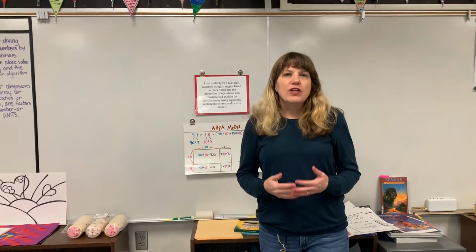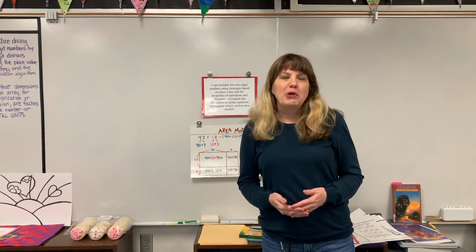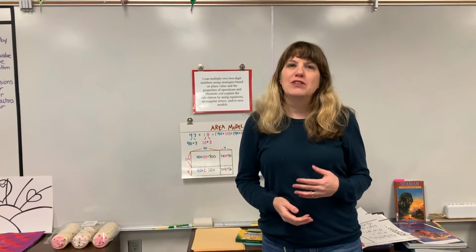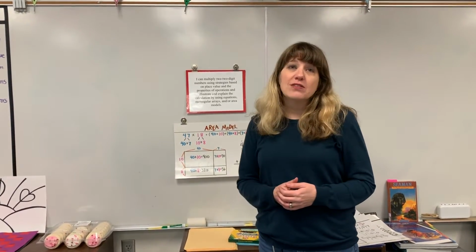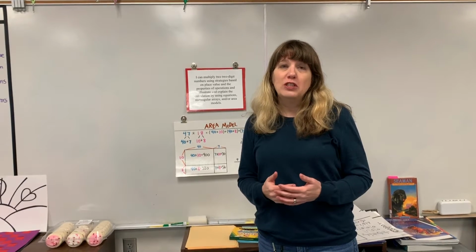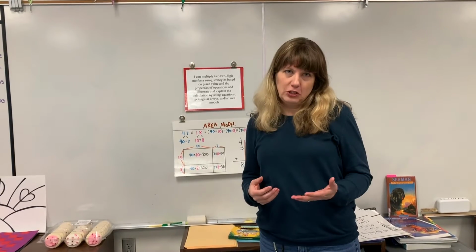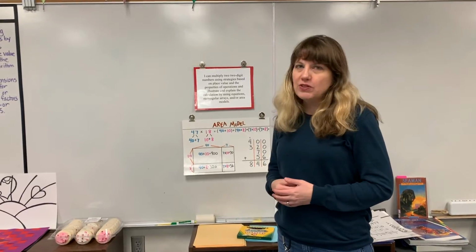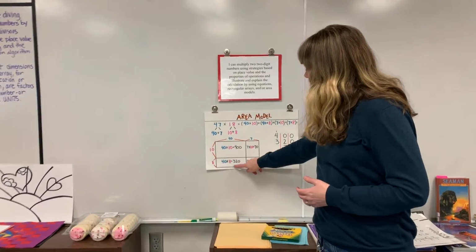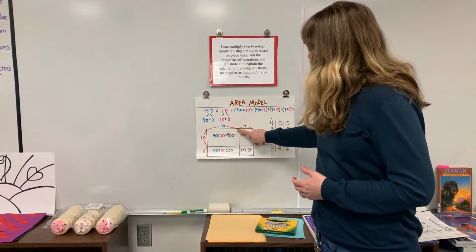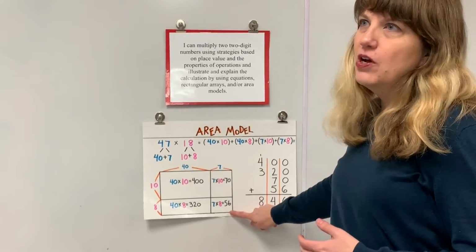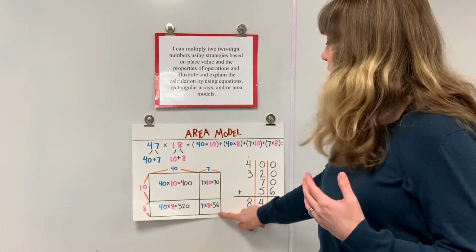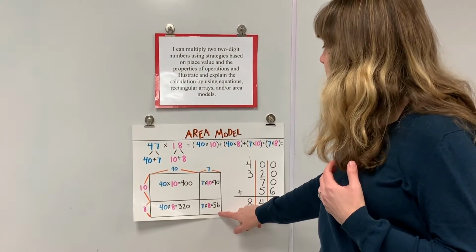So this is an extension of the area model strategy that we already use for 3 and 4 digits and 2 digits by 1 digit. But we can still use the same strategy with 2-digit by 2-digit multiplication. And we do that, we set up the rectangle in the exact same way that we would set up the area model array previously with the other multiplication problem.